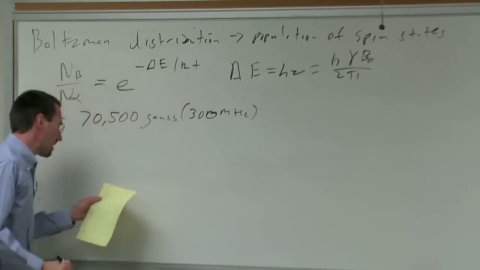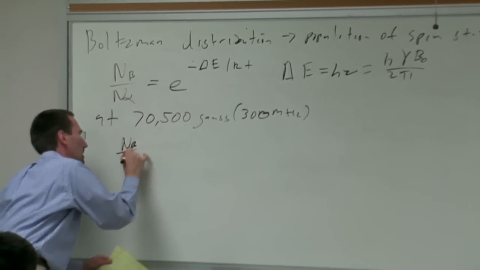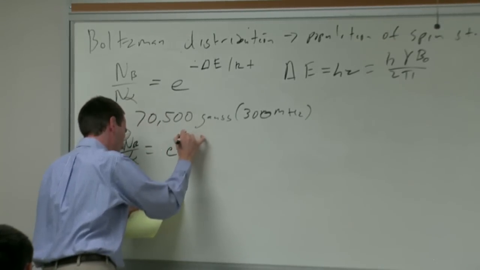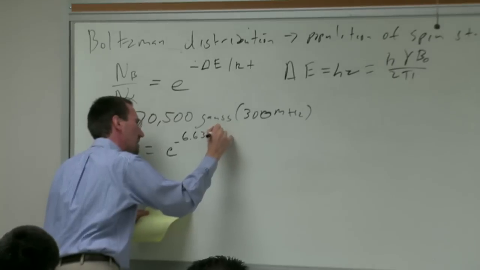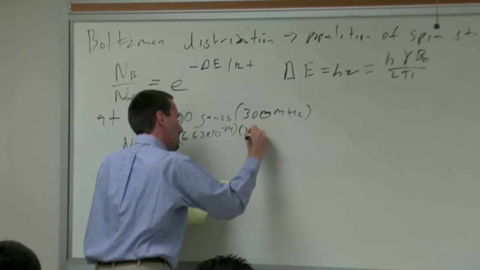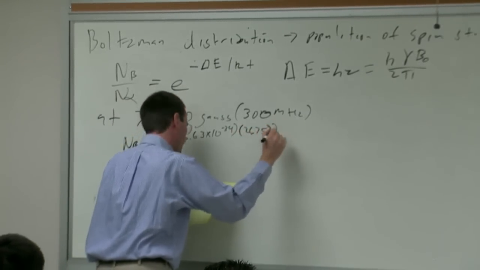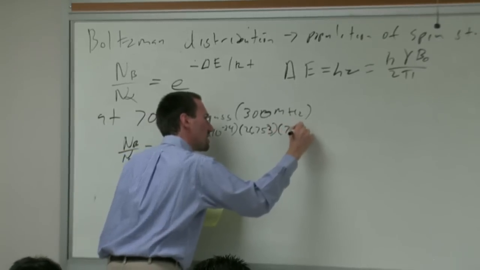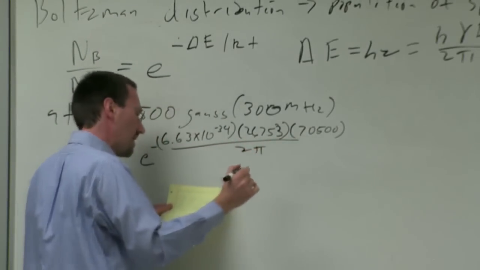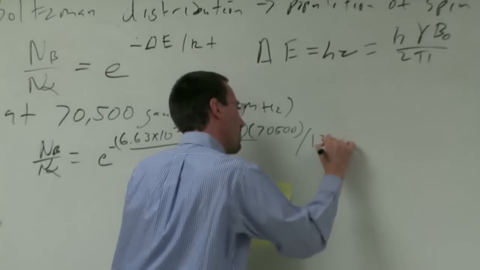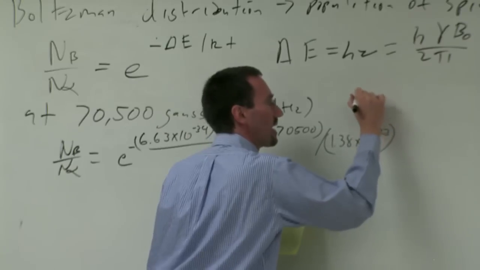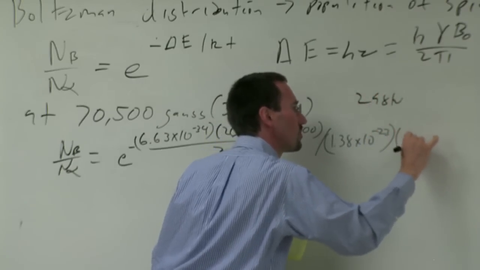And let's plug in: N beta divided by N alpha is equal to e to the negative 6.63 times 10 to the negative 34, times the magnetogyric ratio, 26753, times 70,500, the applied magnetic field, over 2 pi, divided by Boltzmann's constant of 1.38 times 10 to the negative 23, and let's say we're at 298 Kelvin, so I say 298 here.